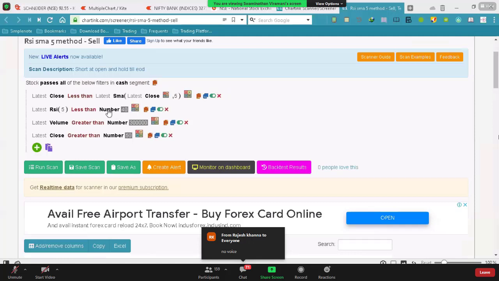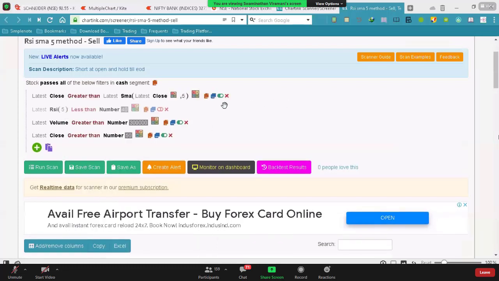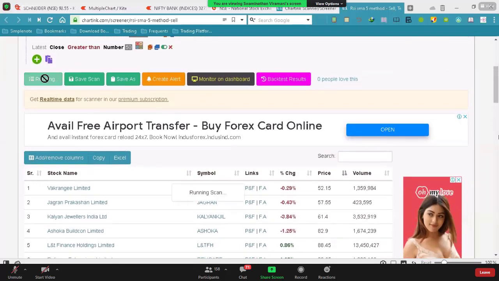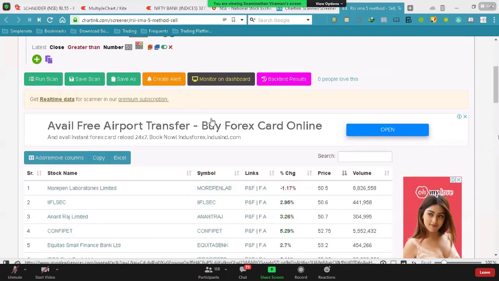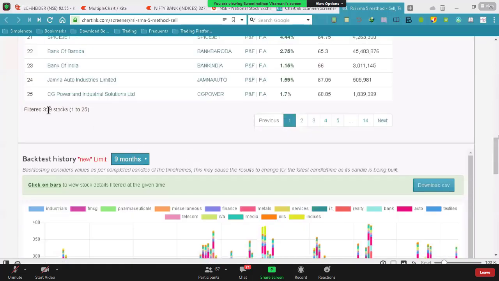Supposing this is built for a downward move, let me take stocks which are just higher than 5 EMA, 5 SMA. So I have about 329 stocks to choose from.